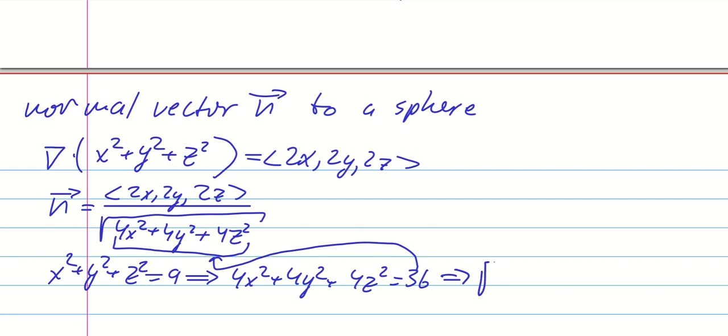That would imply that the square root of 4x squared plus 4y squared plus 4z squared is equal to the square root of 36, which is 6. All right.